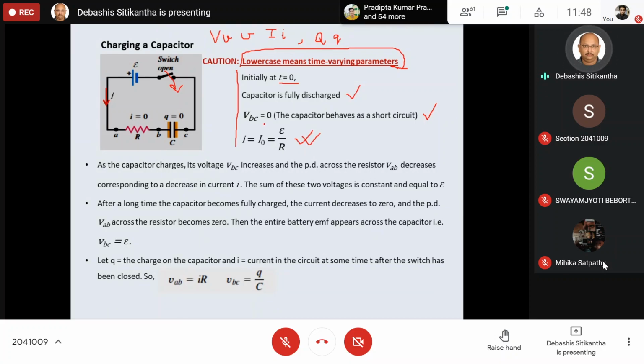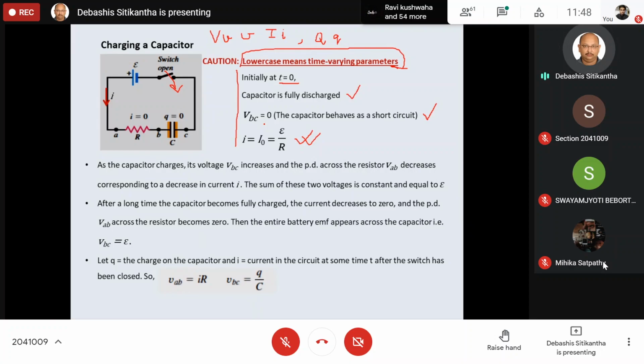Now VC is still equal to 0. Why is it still equal to 0? Because in the beginning, when we studied capacitors, in the definition itself, I told you that a capacitor is a circuit element that opposes a change in voltage.